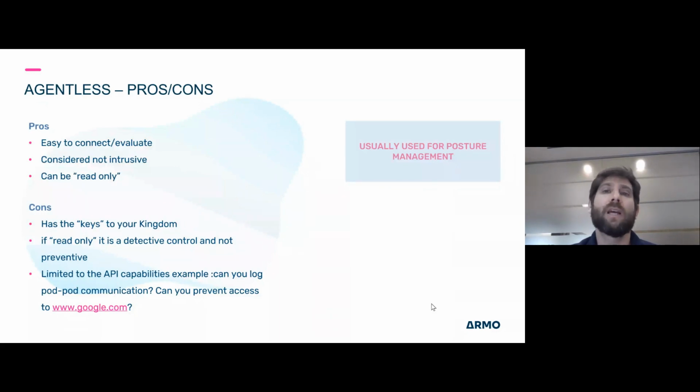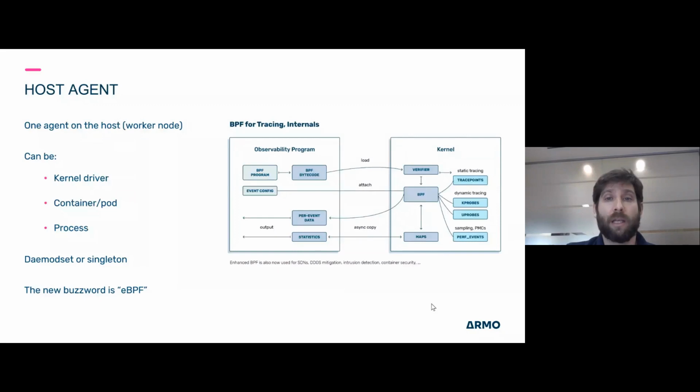If you want to say, this is my pod and I don't want it to be able to access, or I do want it to be able to access google.com, you will not be able to do it in native Kubernetes, and you need another solution. So that was the agentless attachment point.